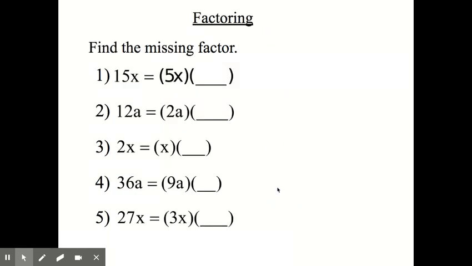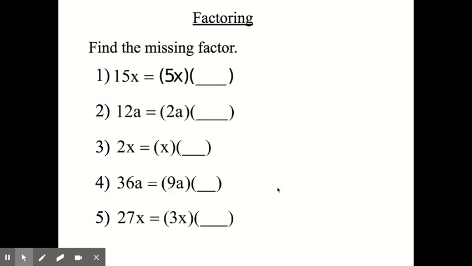All right, now let's talk about factoring. Factoring is when we look at a number, or in this case, a term, and try to identify pieces that can be broken up into. So for example, we have 15x.